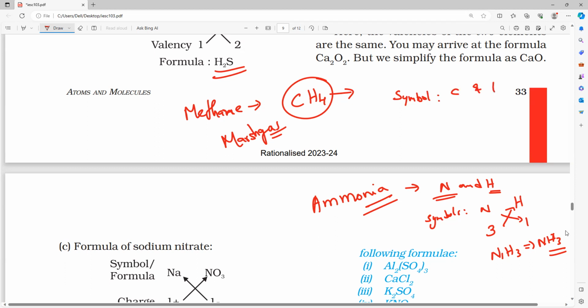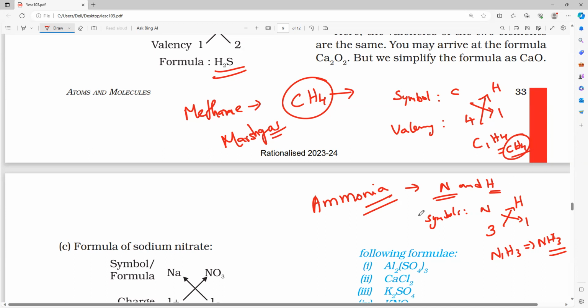C and H. Capital C and capital H. Now, valencies. What is the valency of carbon? 4. Hydrogen, 1. So what will happen, everybody? CH4. Understood? Yes, sir.